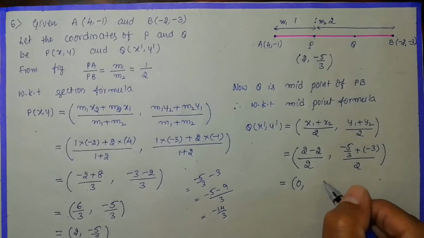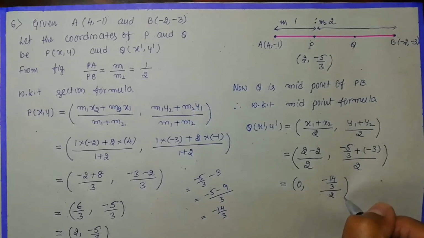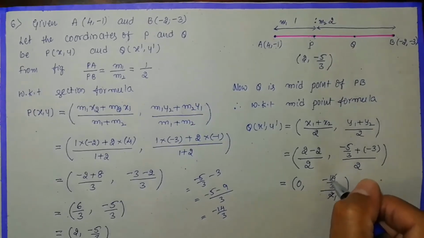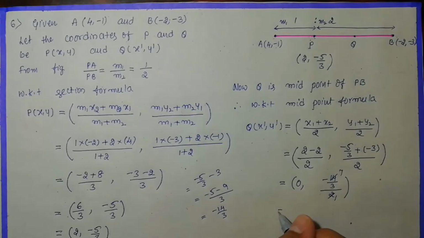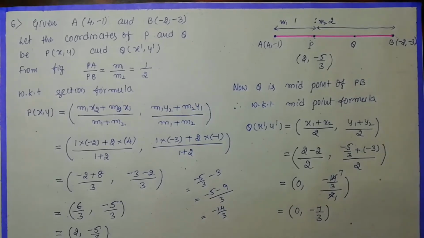Minus 14 divided by 3, whole divided by 2, but you can cancel the 2 and the 7s. So therefore the y coordinate will become minus 7 divided by 3. Now this is the required point, and at last you need to write the conclusion: the required coordinates of P and Q are 2 comma minus 5 by 3 and 0 comma minus 7 by 3.